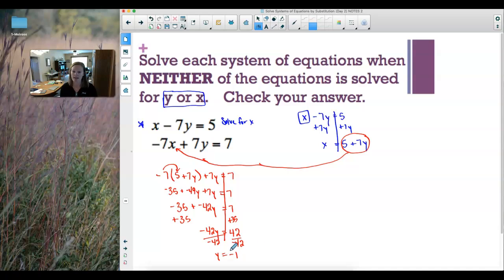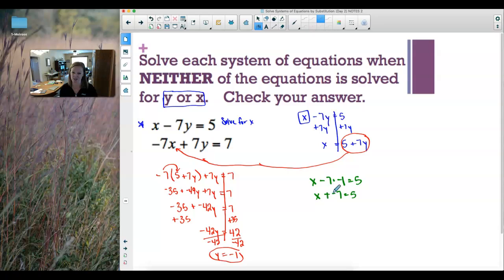Now we're going to take y equals negative 1 and put it back into the first equation and solve it. So I'm going to take that first equation, x minus 7 times negative 1, since y is negative 1, should equal 5. x minus negative 7 equals 5.